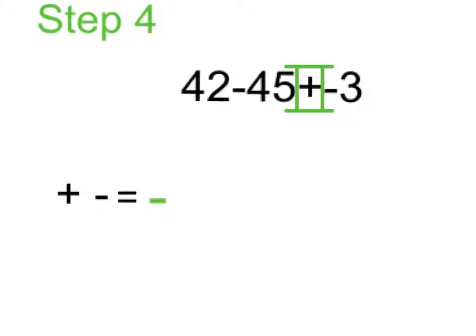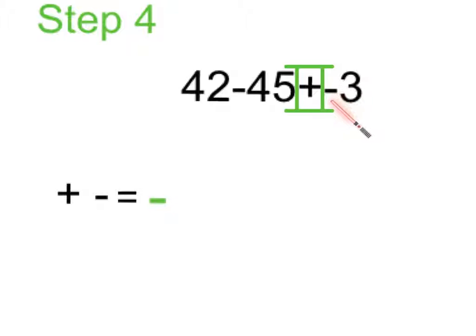Okay guys, so the next step that I have set up for you isn't so much a step, but I'm counting it as one anyway. It's more just simplifying the problem. What we have here can be a little confusing to some people. We have a plus sign, and then we have a minus sign, or a negative sign.